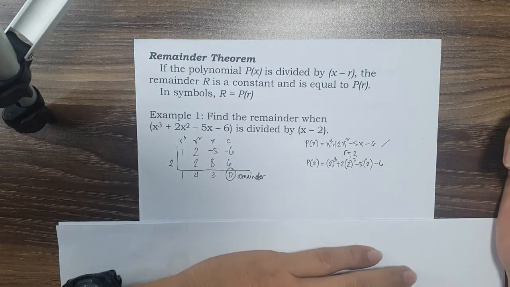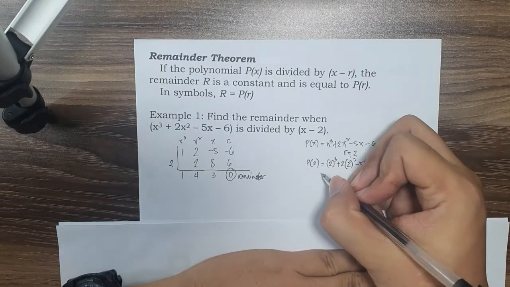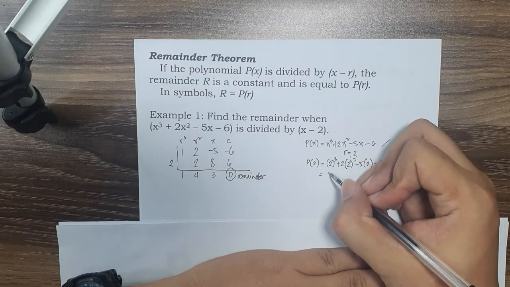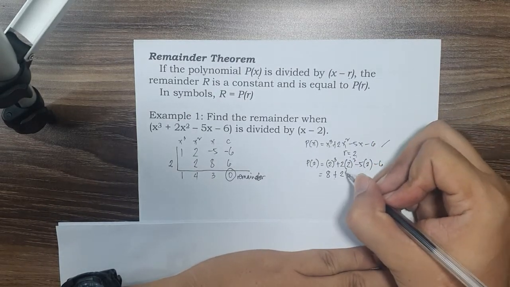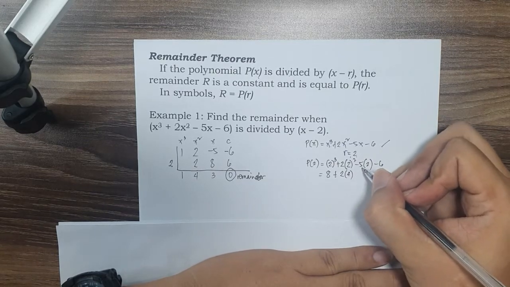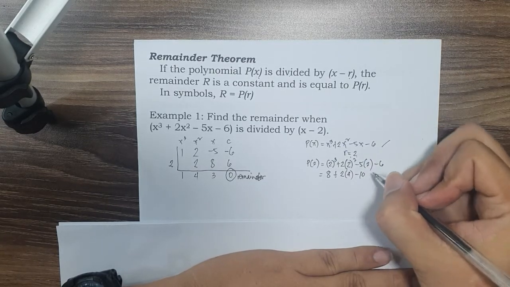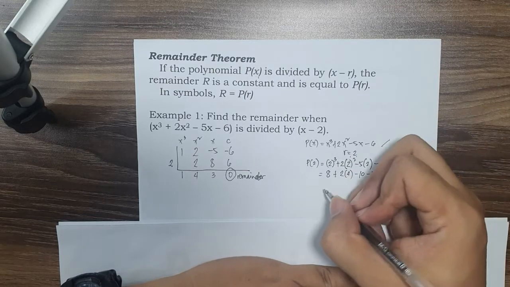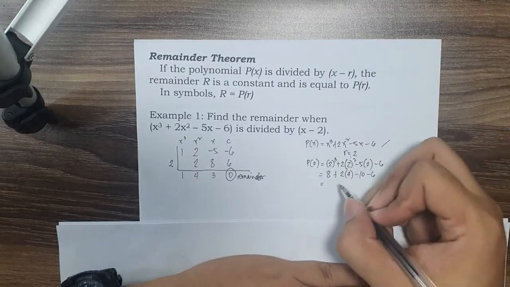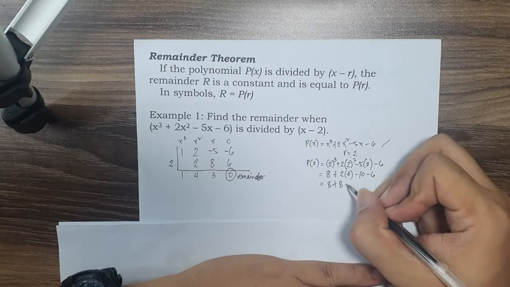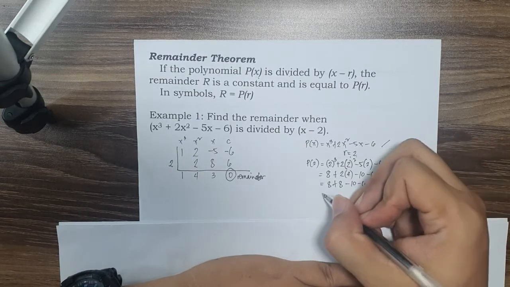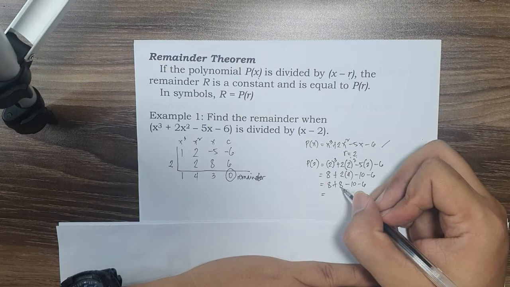And then, we simplify using GEMDAS. Oh, what's 2 cubed? That's 8. Plus 2 times 2 squared, that's 4. Oh, negative 5 times 2, that's negative 10, minus 6. Then we further simplify. So this is 8 plus 2 times 4 is 8. And then minus 10, minus 6. 8 plus 8, 16.